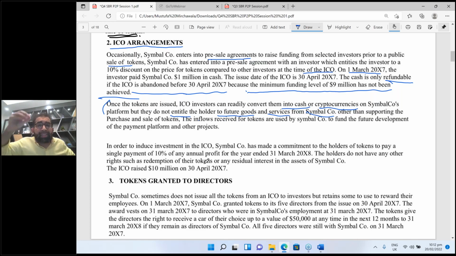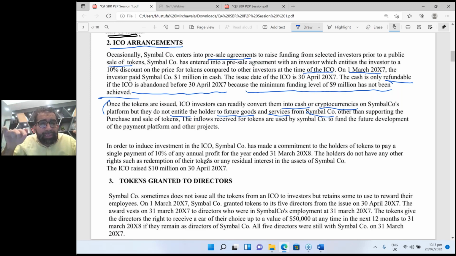Means symbol company does not have any obligation to give anything in future. I'm talking about 30th April X7. On 30th April X7, when the tokens are issued and the company received cash, from that date there is no obligation on this company.